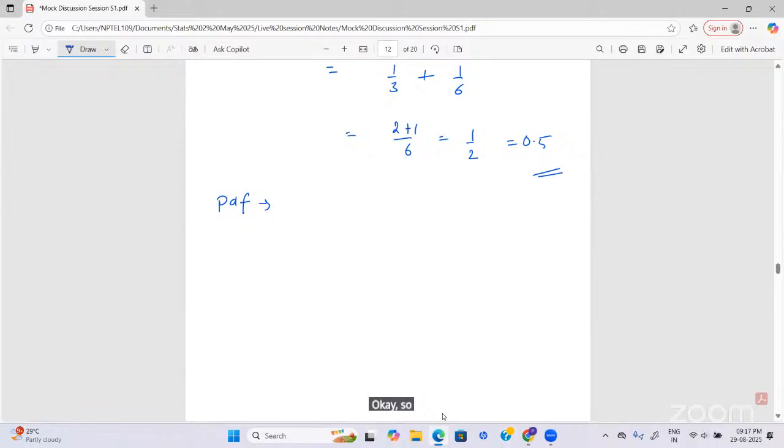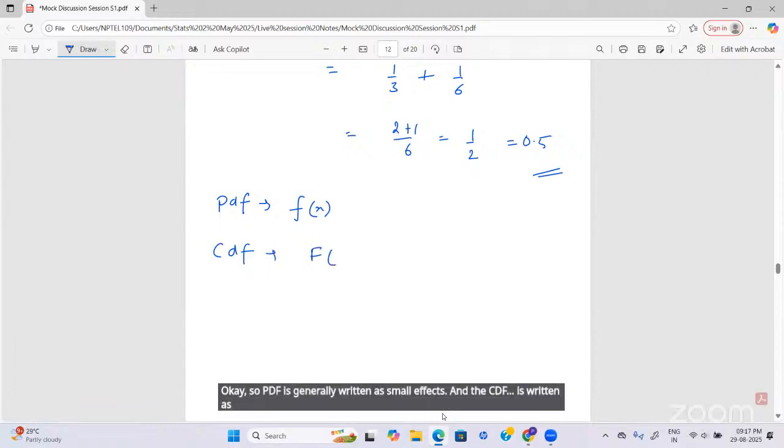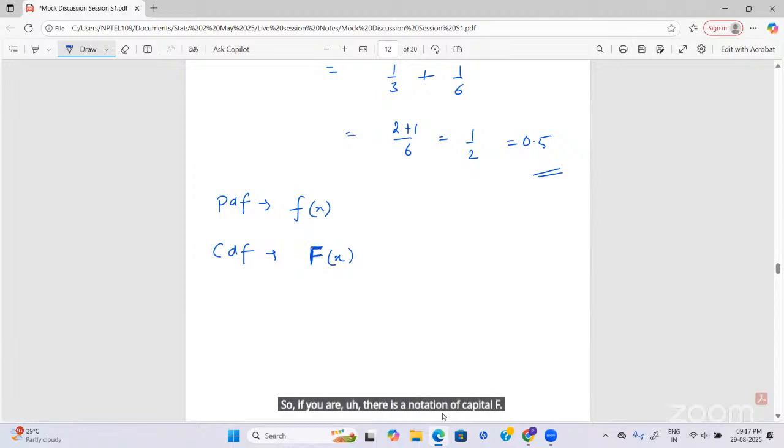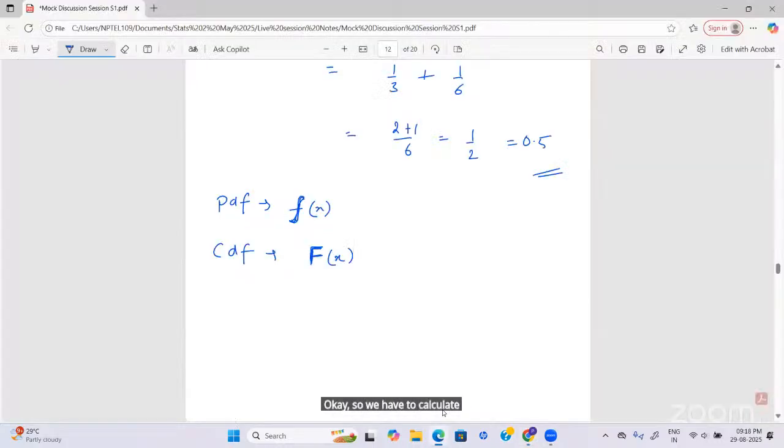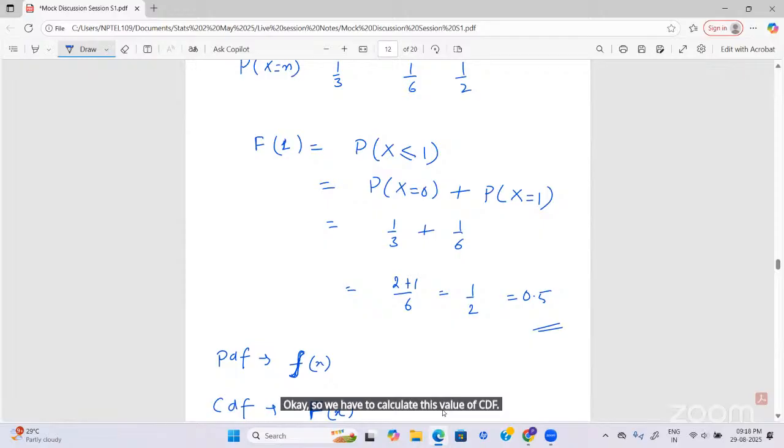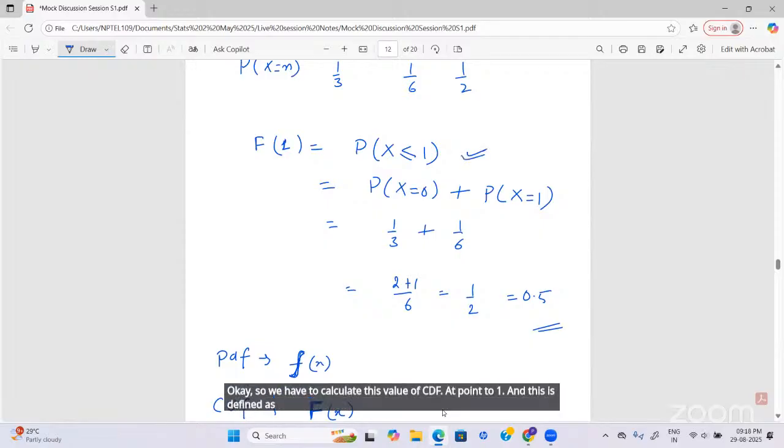Okay, so PDF is generally written as small f, and the CDF is written as capital F. So the notation of capital F represents the CDF, and this small f is used for PDF. So here you can see that it is written the value of capital F at point 1. So we have to calculate the value of CDF at point 1, and this is defined as this.